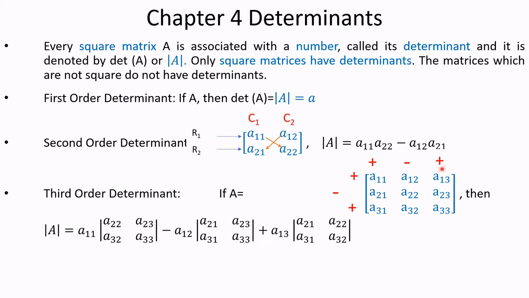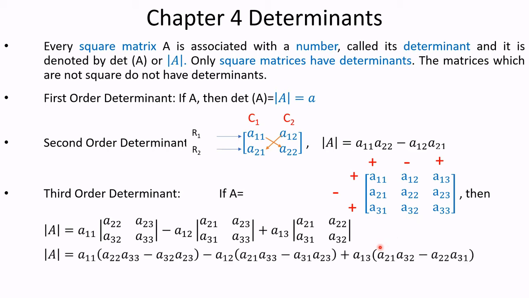Plus then the last element A13 into its minor. You cancel its row and column, and the remaining is taken. That is A21, A22, A31 and A32. So this is the way we calculate the equation. Further simplification is done as shown.